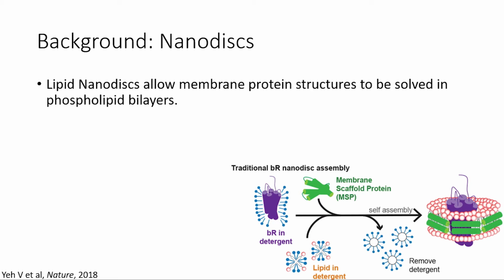This is very gentle. It solubilizes the protein, but it keeps its structure mostly intact, so that way you can study how it works. So I can add in detergent and extract this protein from cells that are expressing it, and then I can start to slowly add in phospholipids that would want to form a bilayer. I then add a scaffolding protein, which is going to surround this disc. The scaffolding protein, by the way, is made from apolipoprotein E, which helps to sequester fatty acids and cholesterol inside of your blood.